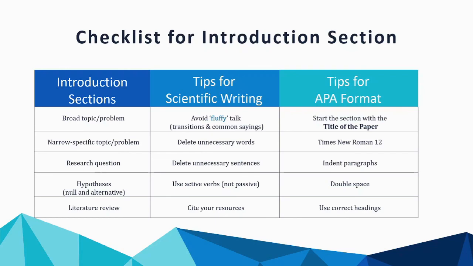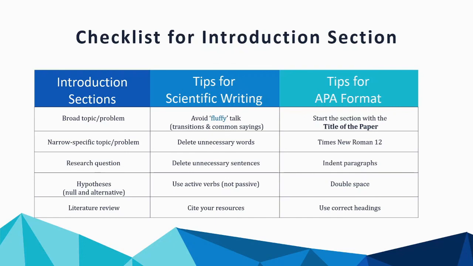That's a great thing to do. So every time you write something, go back and pull out one word from every sentence and one sentence from every paragraph. And it will really improve the directness of your communication. Use active verbs, not passive verbs, and always cite your resources.